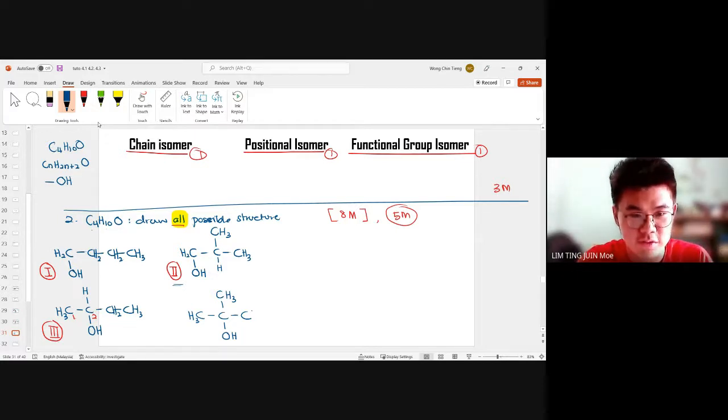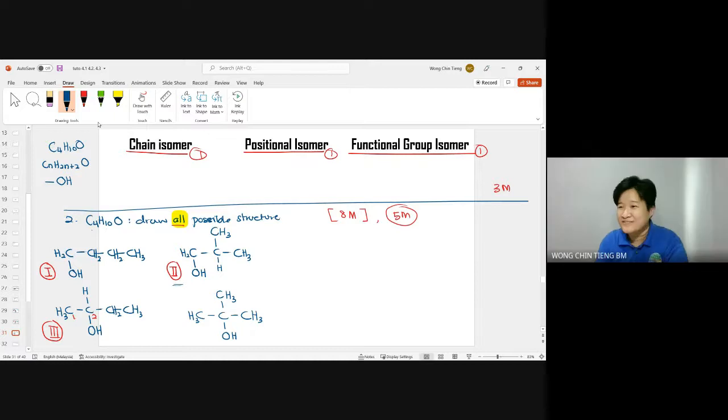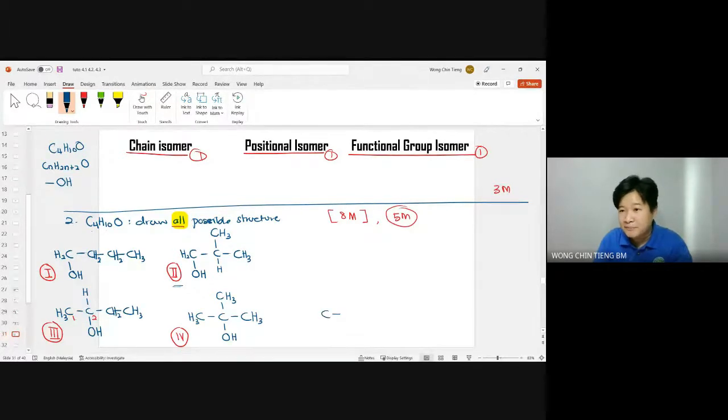Then the fourth one is also 3. Betul? You forgot because you never make it as your habit. I never forgot because it's always my habit. Now you know. Position. Betul? Boleh pindah lagi? Tak boleh dah.